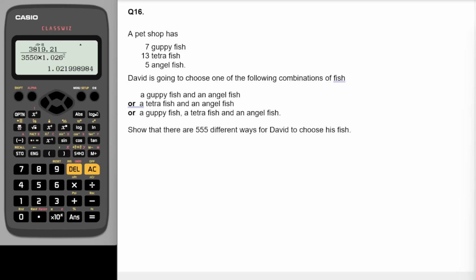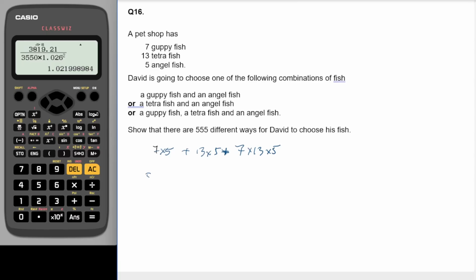Right, so for this, we'll do them separately. A guppy fish and an angelfish, the number of ways that can happen would be 7 times 5. The second choice, tetrafish and an angelfish, is 13 times 5. And then the final combination, guppy, tetra, angel, is 7 times 13 times 5.